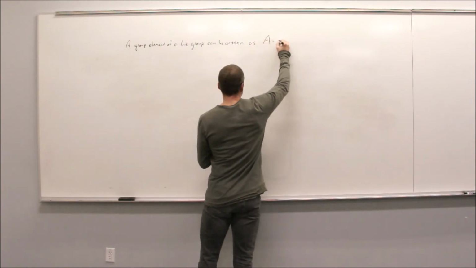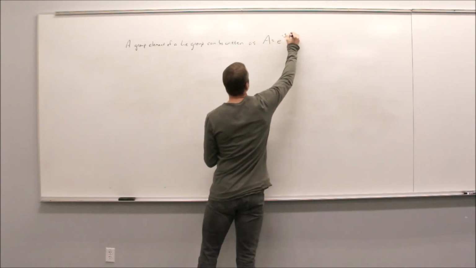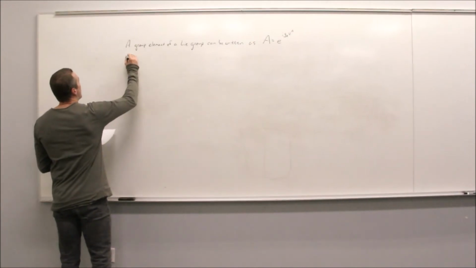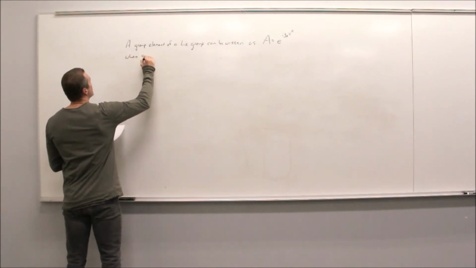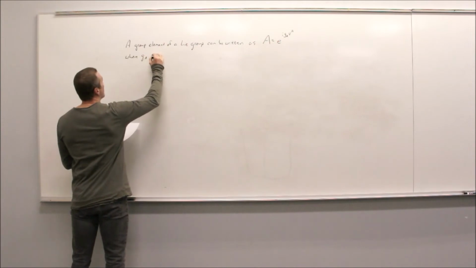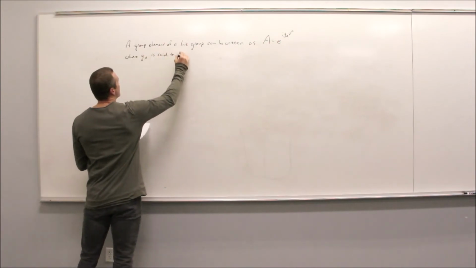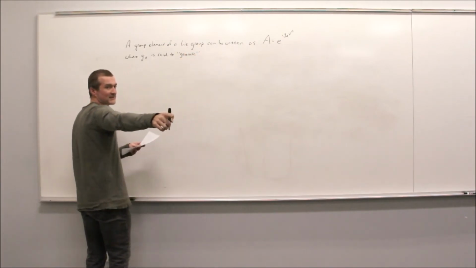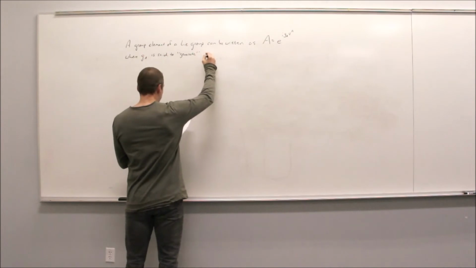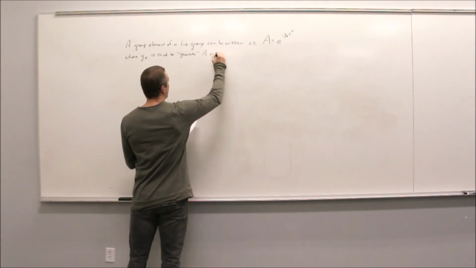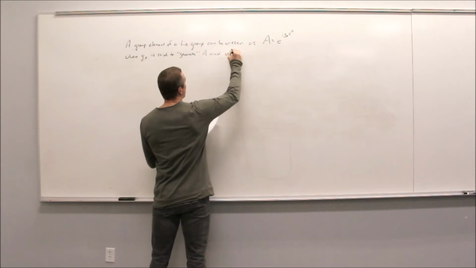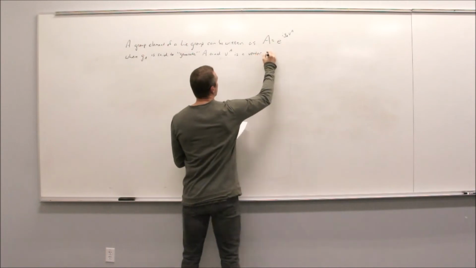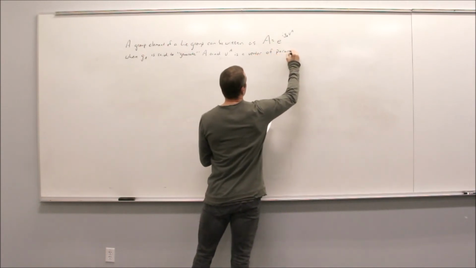A equals e to the i g_a v_a, where g_a is said to generate A, and v_a is a vector of parameters.